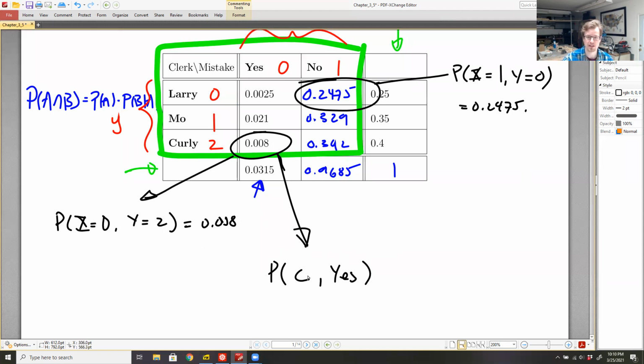Probability that the random variable takes on the value yes and curly. Anyway, I think you get the idea. So, joint probability distribution for two random variables.